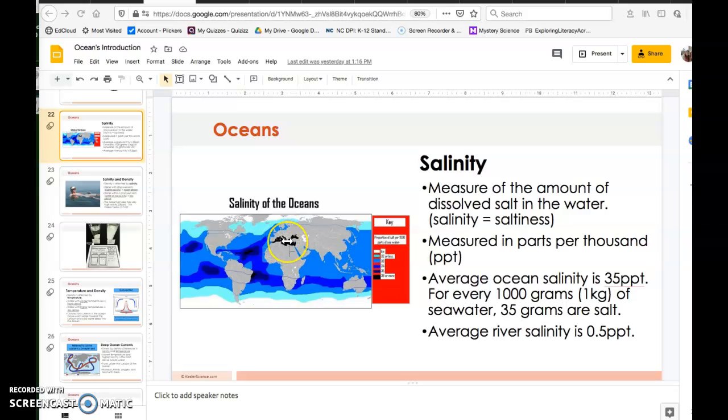Right here we have a huge concentration of salt in between Africa and Europe and a little bit of Asia. This is because, if you recall, or you will read in your reading later, the ocean becomes salty because rainwater falls on rocks over the sea.